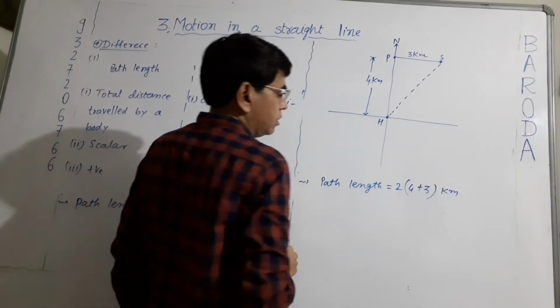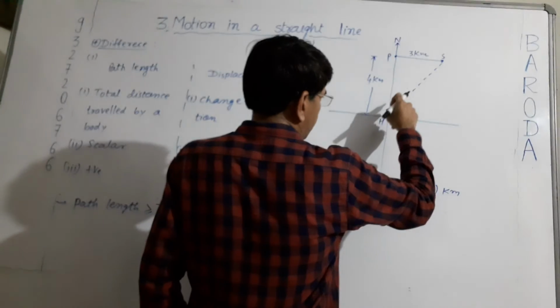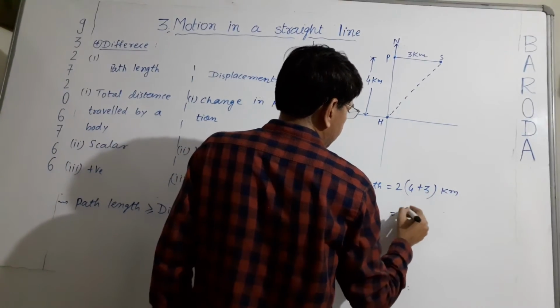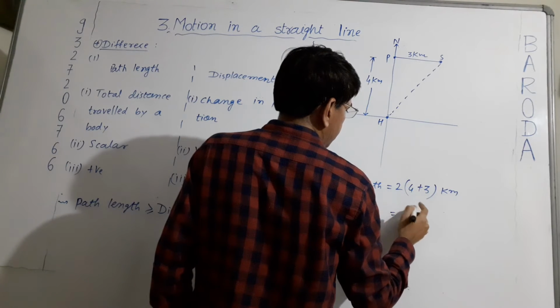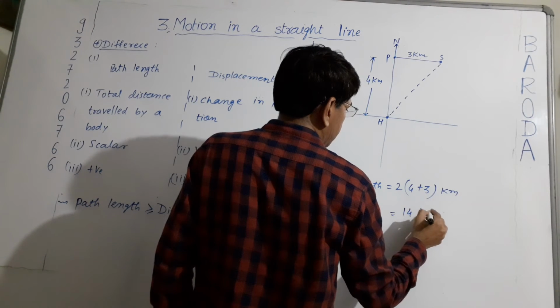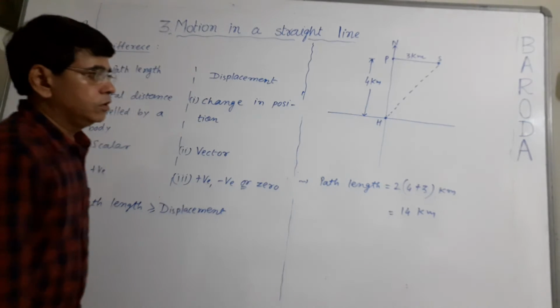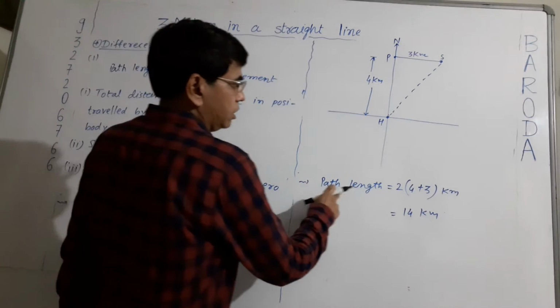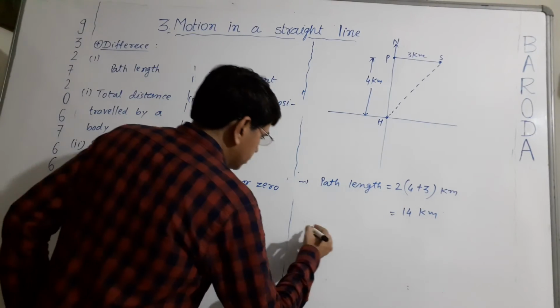So we can write 2 into 4 plus 3, that is 14 kilometers. So when the person came back home, path length will be 14 kilometers.